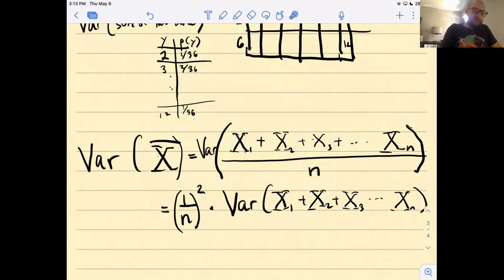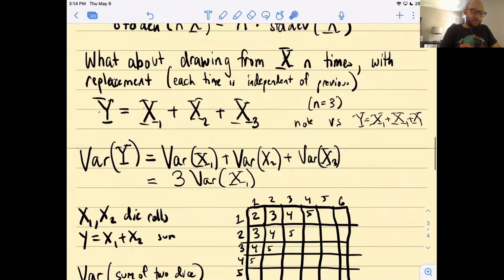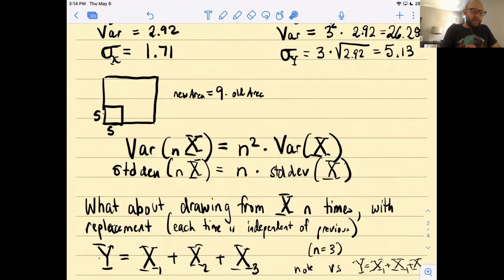Did you guys follow this step? Why I took this number out and made it 1 over n squared? The reason I made it 1 over n squared is because of what I showed you earlier: whenever you multiply a random variable inside of the variance by some number, to take it outside, it gets squared on the outside of the variance.